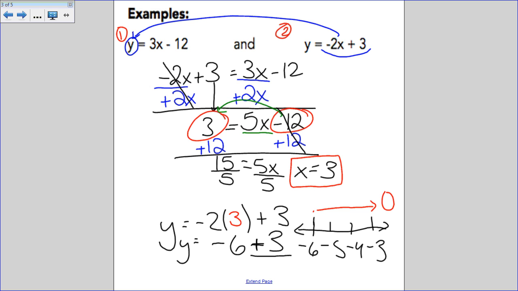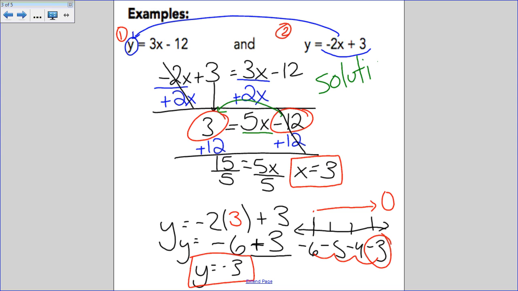So in this case, negative 6 plus 3 is negative 3. My y equals negative 3. If I wanted to give a solution to this system of equations, I would say that these equations are going to cross at the point 3, negative 3 on a coordinate plane.